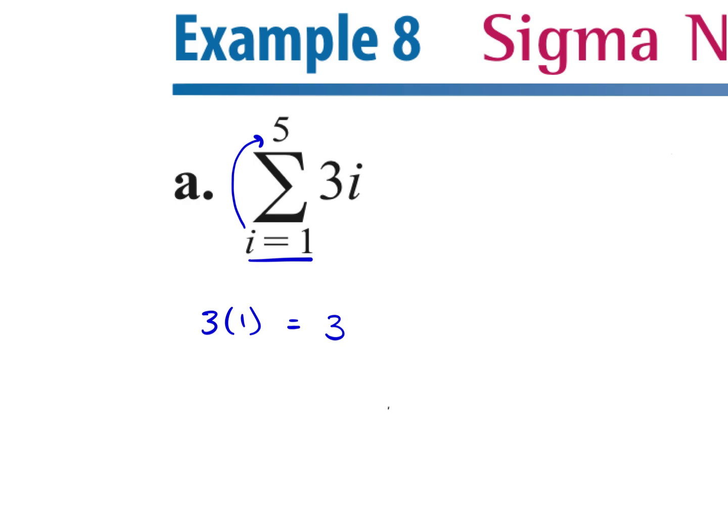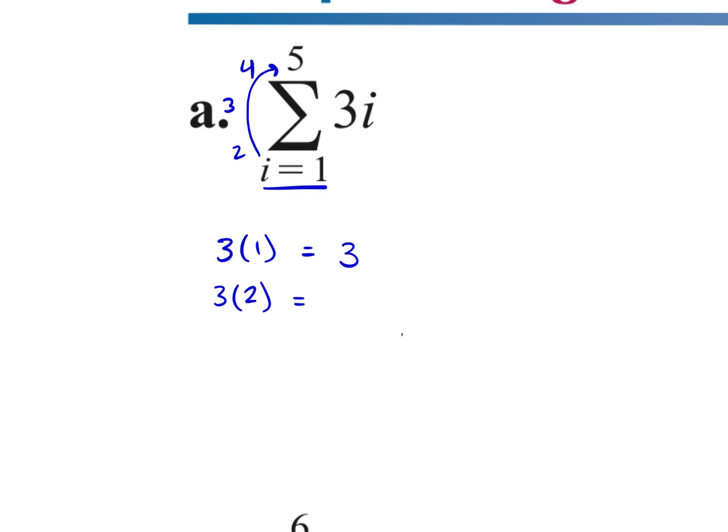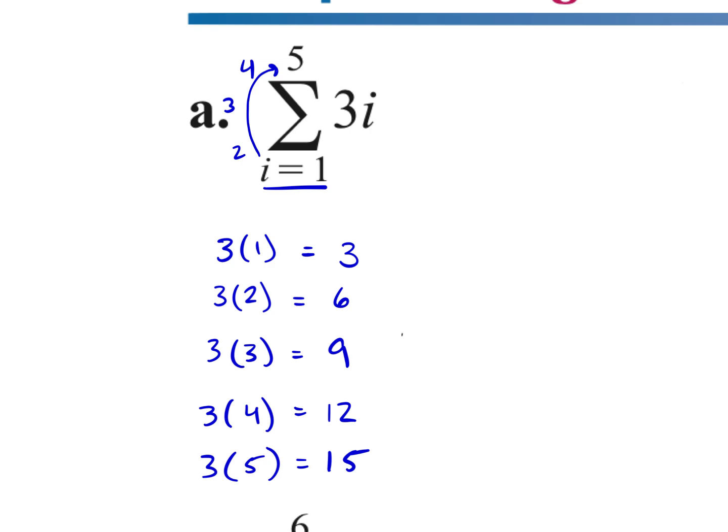So I'm going to plug in 1, 2, 3, 4, and 5. So then we're going to plug in 2. We had 3 times 2, which would be 6. Then 3 times 3, which would be 9. Then 3 times 4, which is 12. And then 3 times 5, 15. Once we get to our upper limit, we stop.